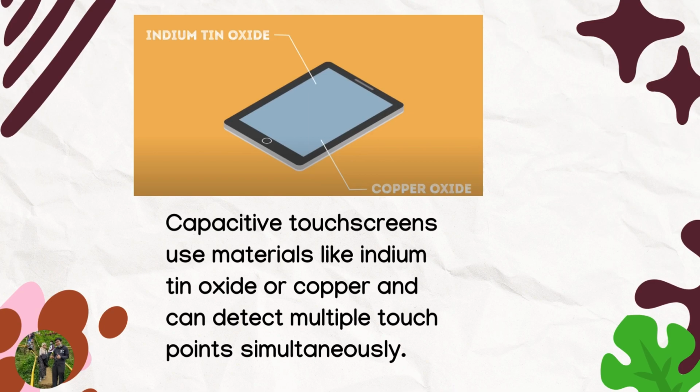The capacitive touchscreen uses two types of material, indium tin oxide or copper oxide, but we usually use indium tin oxide, ITO. So this functions when something that can conduct current touches the surface, it will pinpoint the charge there.